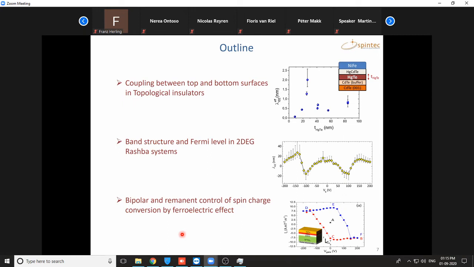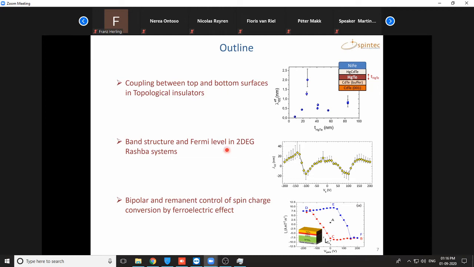As I said, by going beyond the case of 3D and 5D metals, using a semiconductor, oxide, or topological insulator, we can get new properties involved, but also new couplings. This is what I want to emphasize today in my talk: in a topological insulator, there is not only one but two surfaces that will play a role in the interconversion, the top and bottom surfaces of a slab.